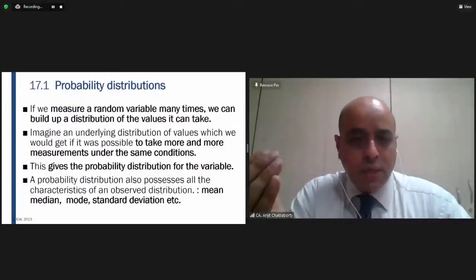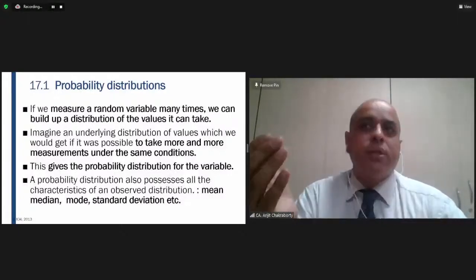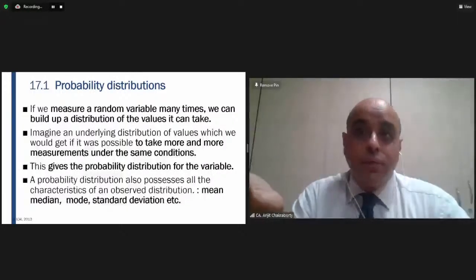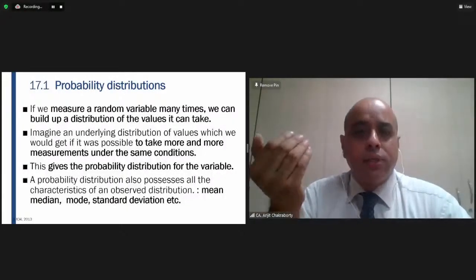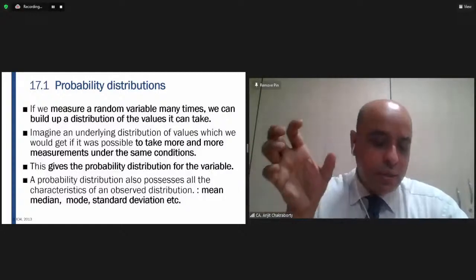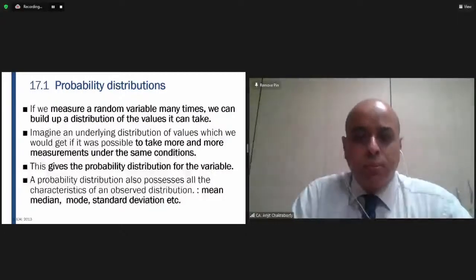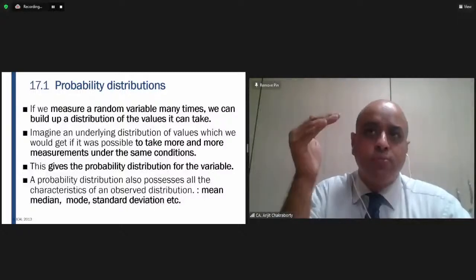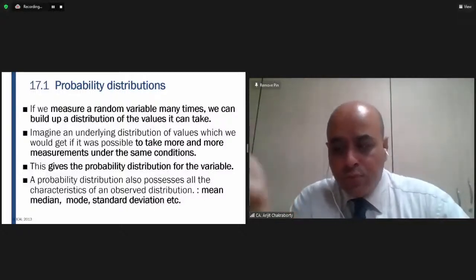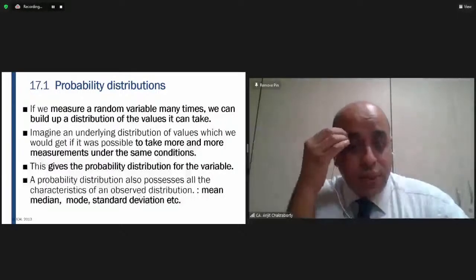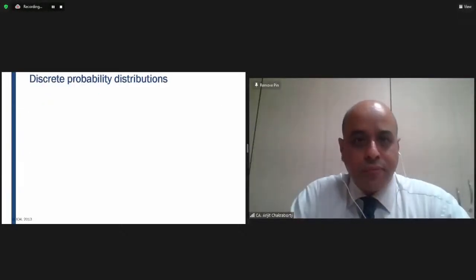A random variable can take any type of values if it is continuous, and if it is discrete, it can only take a countable number of values, right? When you measure the probability of the occurrences of these events, then you get a probability distribution.